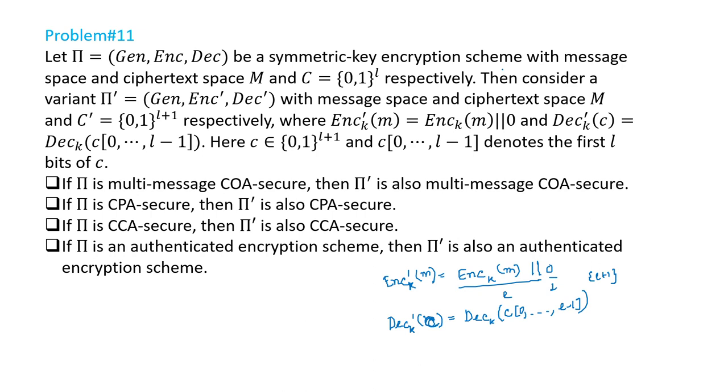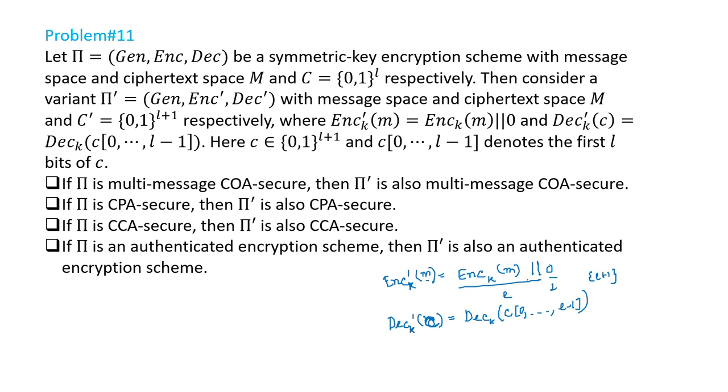Okay. So basically, let's say I say that the scheme pi dash is not multi-message COA secure. Then that would imply that by looking at the first L bits of the ciphertext for various messages with the same key k, I am able to learn something about the underlying message m, correct?